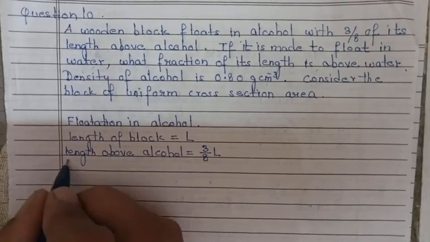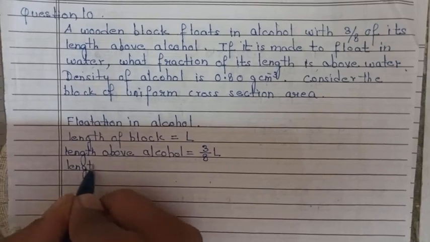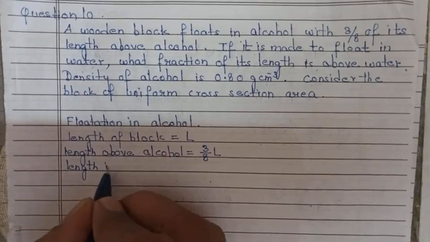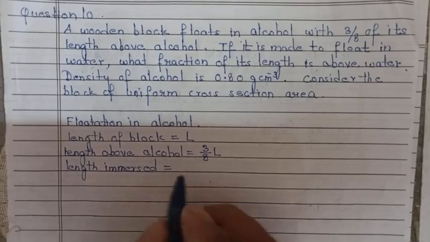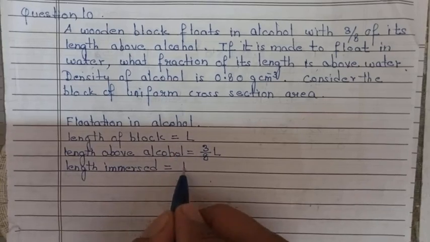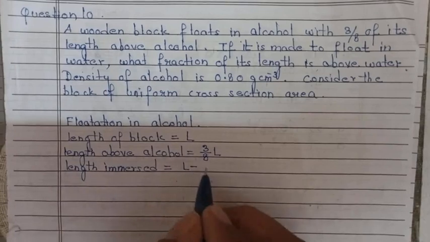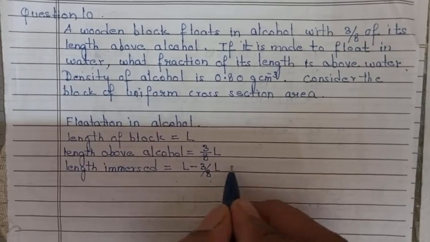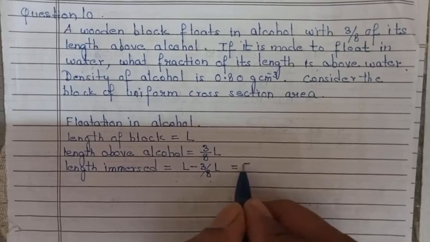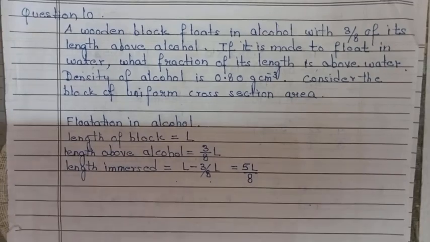So we can get the length below, that is the length immersed. The total length is L. From it we will be subtracting 3 by 8 L. So that will give us 5L upon 8. So this much length is submerged.